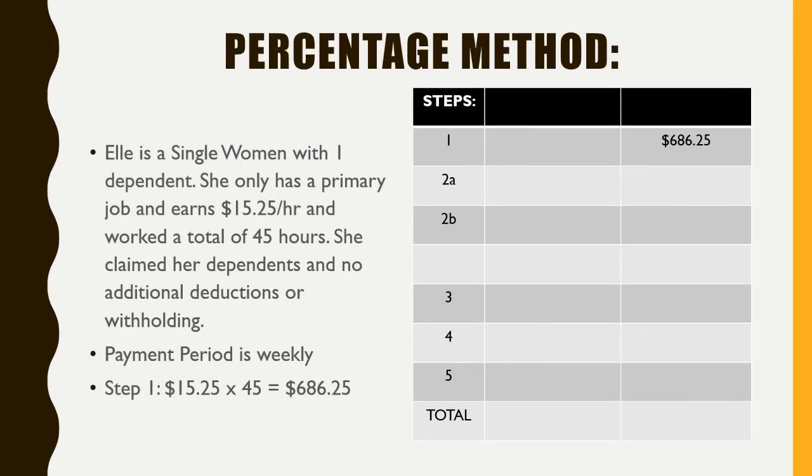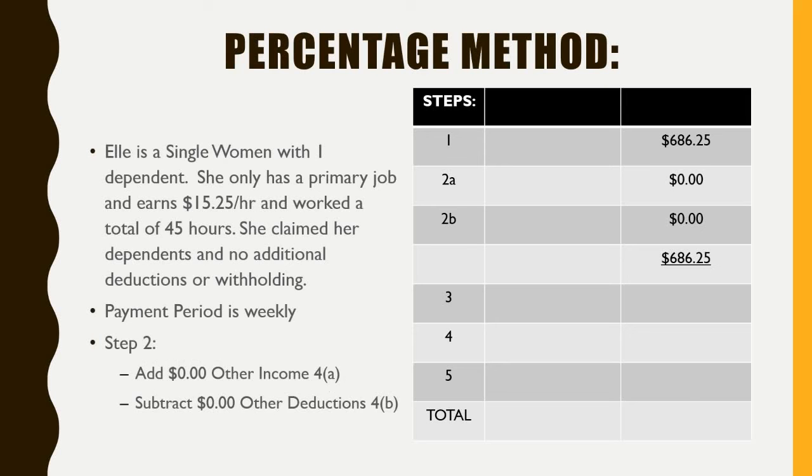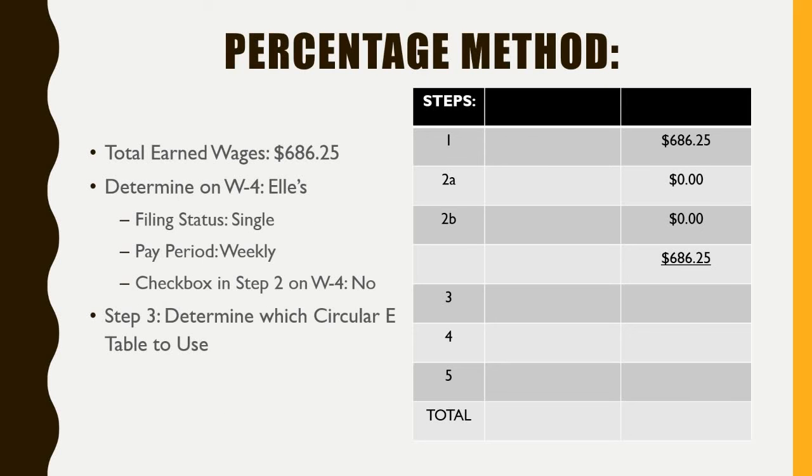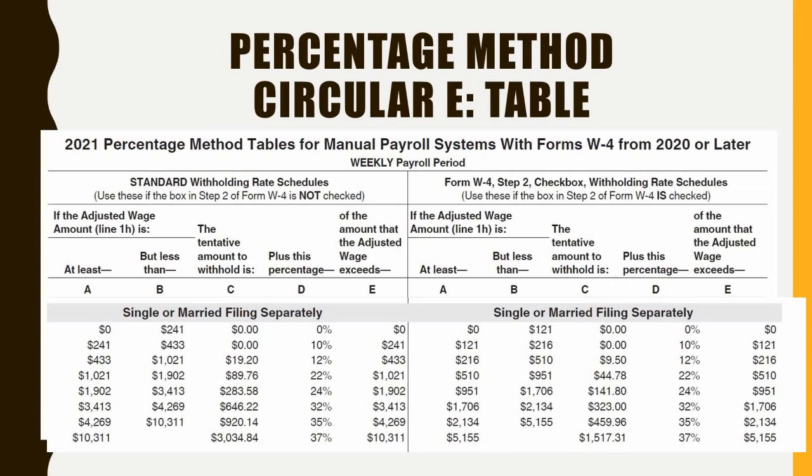So we found out what her taxable amount is going to be. Then we're going to figure out which table we need to look at to figure out her income tax withholdings percentage. So in this case, it's based on how much she's earned.